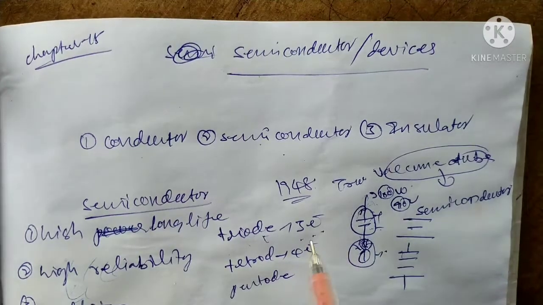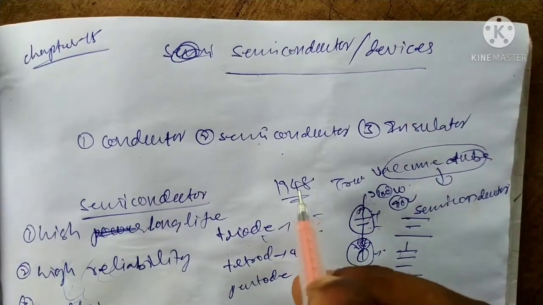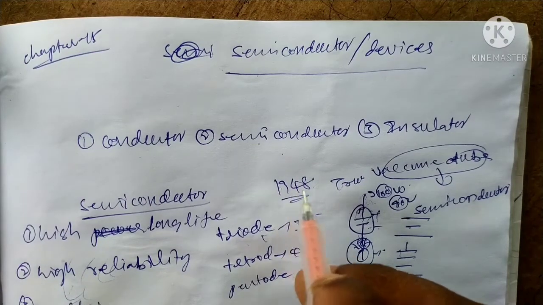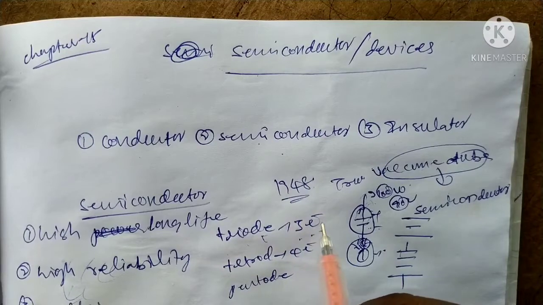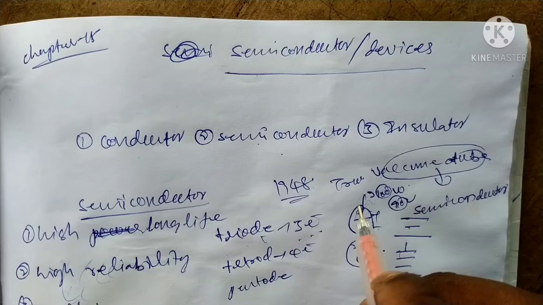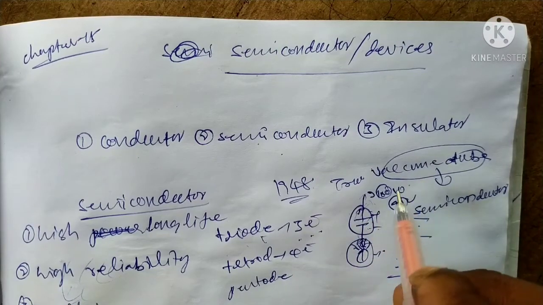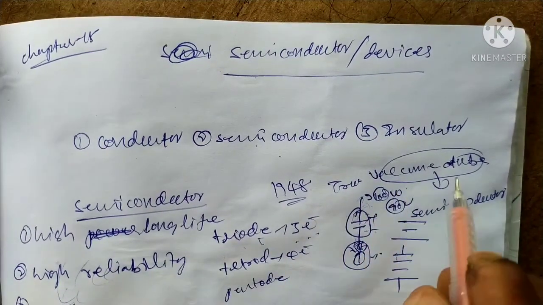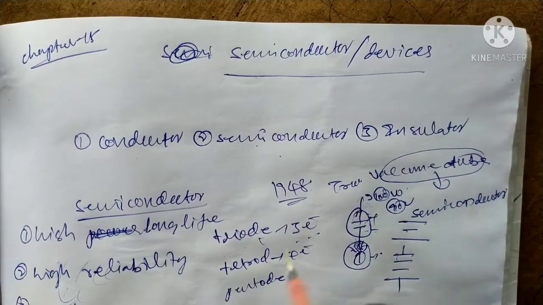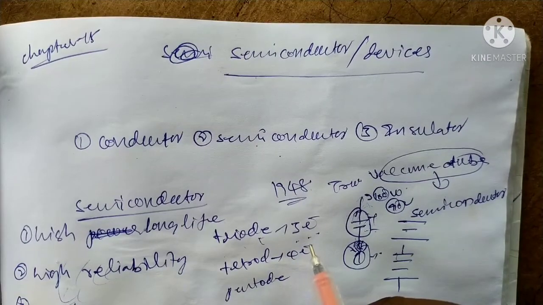They had vacuum tubes in 1940. Below 1948, some electrical devices had vacuum tubes, which have 2, 3, 4, or 5 electrodes depending upon the requirement. These have some disadvantages compared to semiconductors.